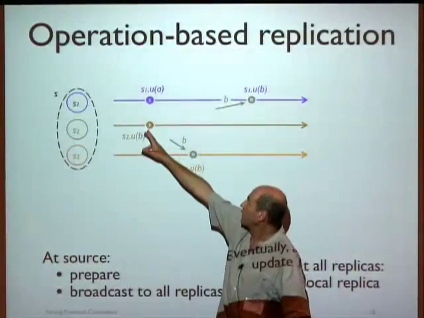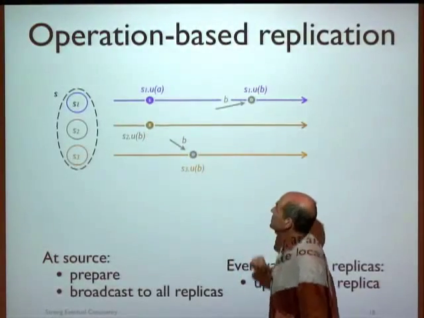So you need something a little bit stronger than in the previous case. In the previous case, each replica just talked to every other replica once in a while, and eventually everybody got everything. Here you have to make sure that every time you do an update, it is propagated to all the replicas. So you have some sort of broadcast operation that will send an update and make sure that it is received everywhere.